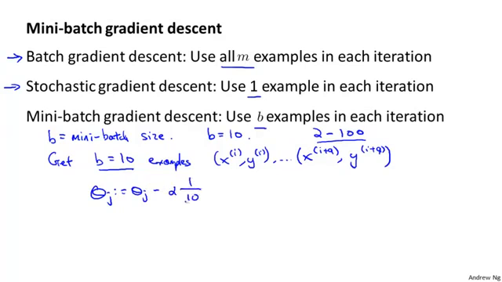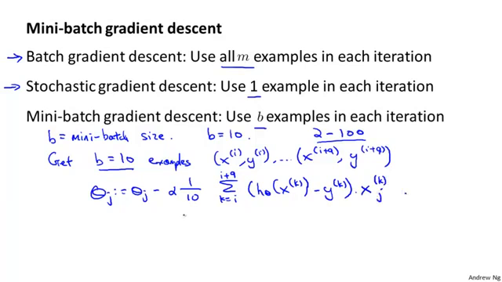So that's the learning rate times 1/10 times the sum over k equals i through i+9 of (h_theta(x^(k)) minus y^(k)) times x_j^(k).